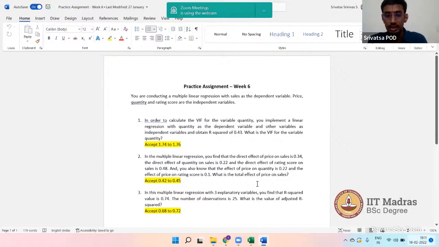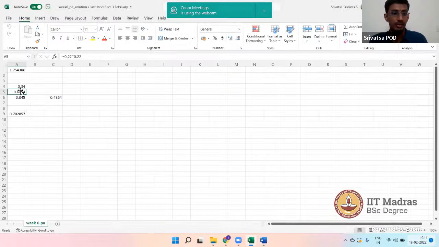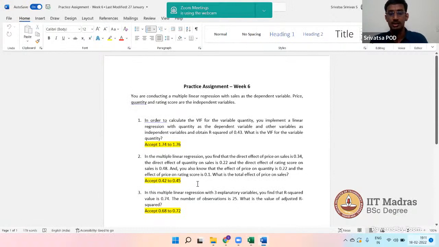To calculate these, you multiply the direct effect of quantity on sales with 0.22, which is the effect of price on quantity. And for the rating score, you similarly multiply 0.48 with 0.1. When you sum all of these up, you obtain the total effect of price on sales, and 0.42 to 0.45 is accepted.